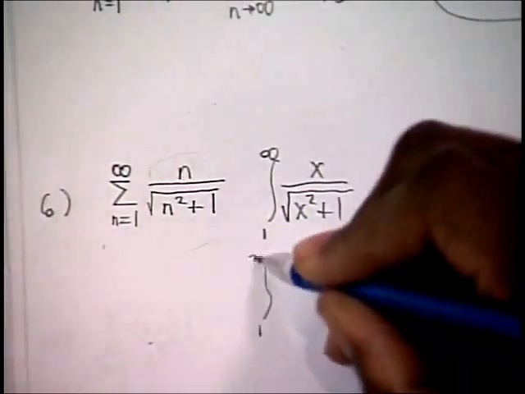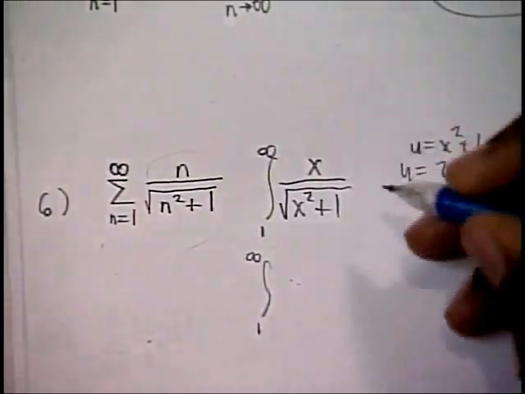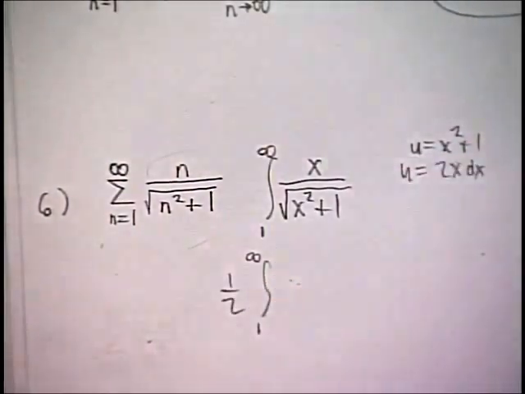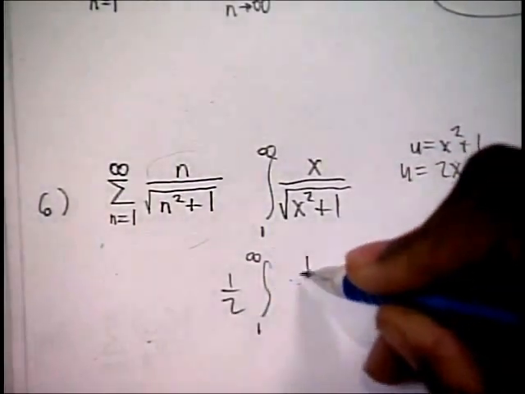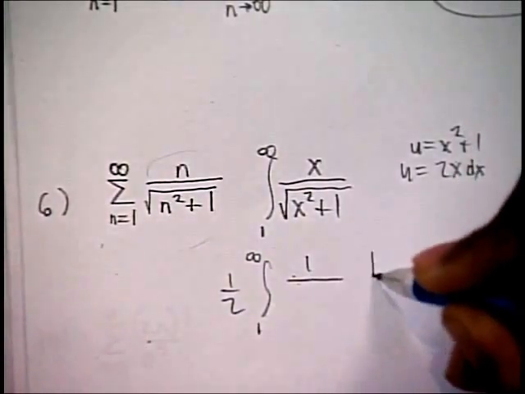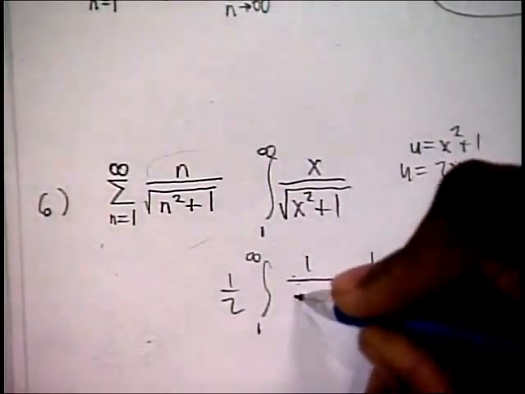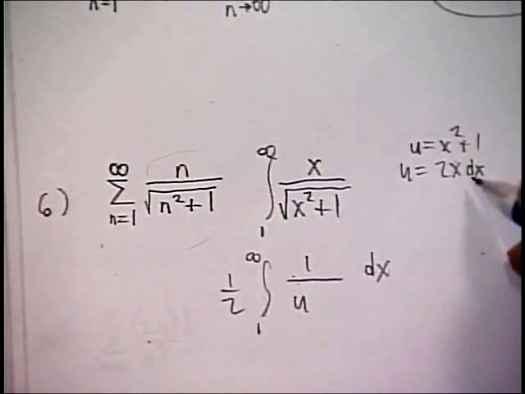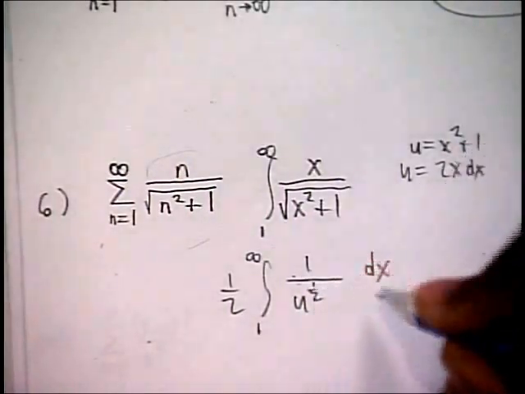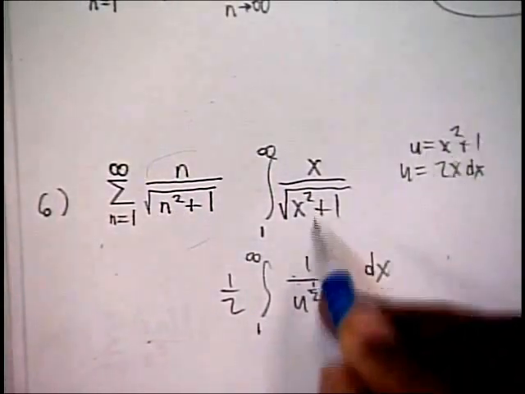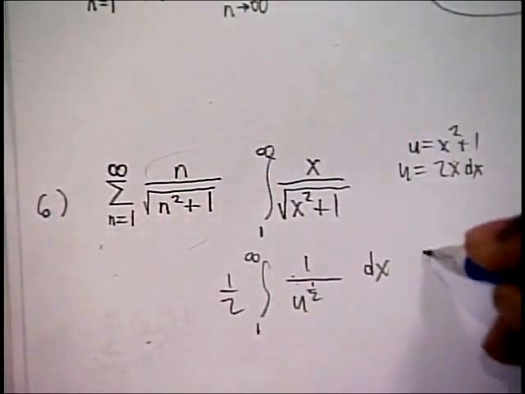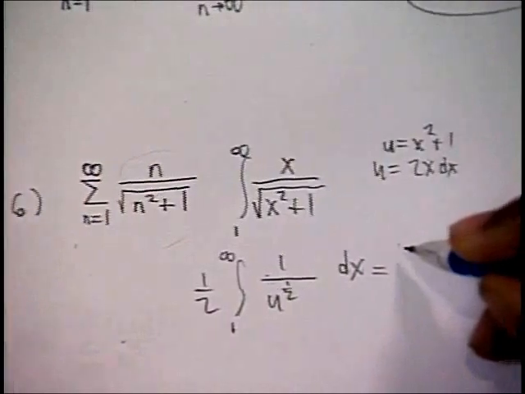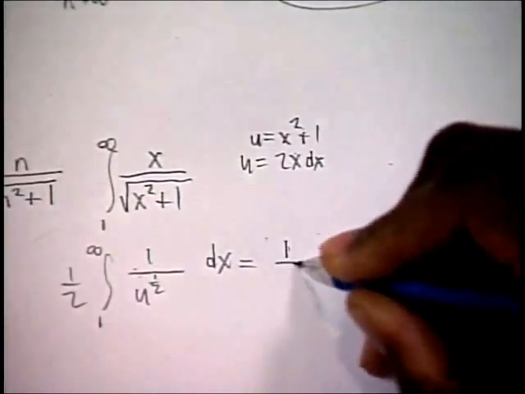You get 1 over, and you're going to get u to the half when you substitute x squared plus 1 with u. So you end up with 1 half times the antiderivative of u to the negative half du.